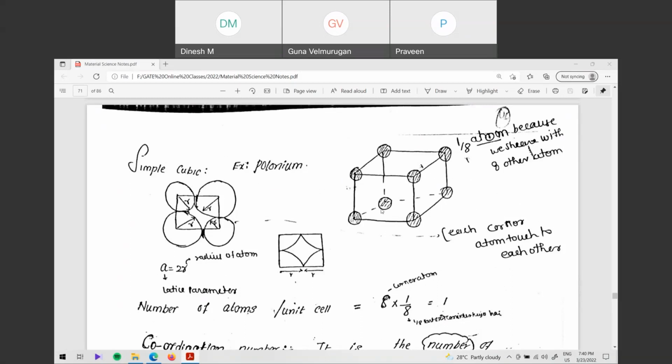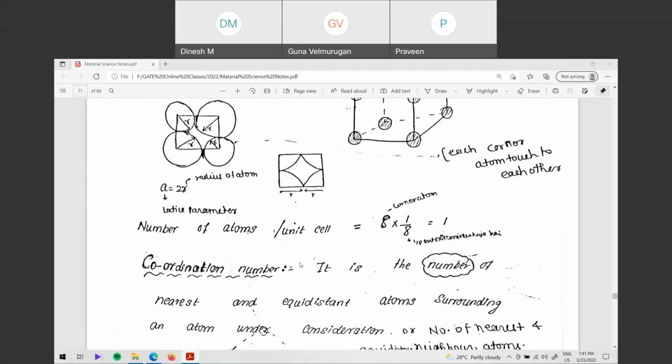How much is inside the cube is your number of atoms in the cube. There are 8 vertices, right? 8 corners into 1/8 of each atom is inside. So 8 into 1/8 is 1. So the atoms shared inside the unit cell correspond to 1 atom.